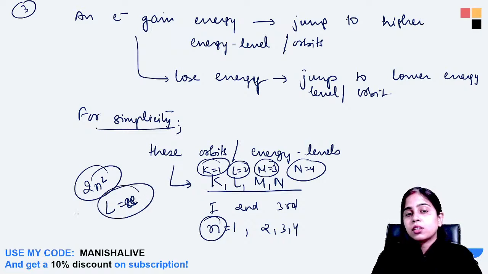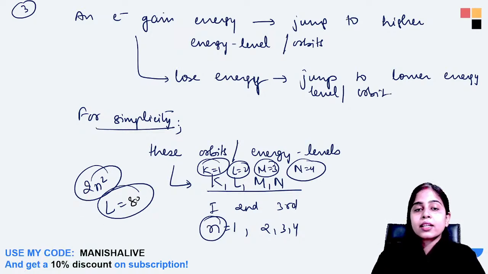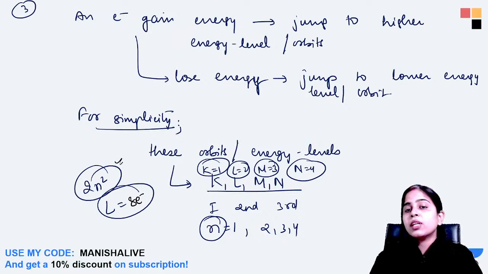Number of electrons is wrong that you are writing. So L will have 8 electrons according to the formula 2n square, M will have 18 electrons, N will have 32 electrons. Clear, everyone? Tell me fast.